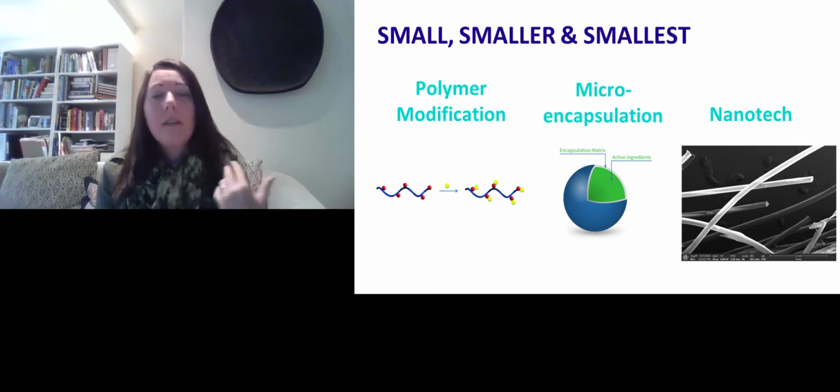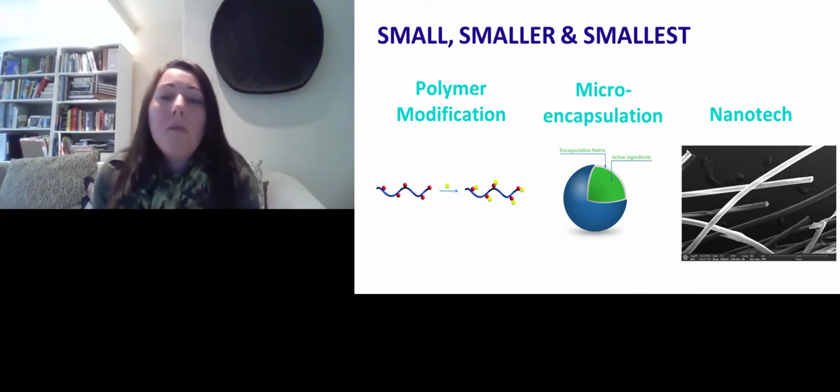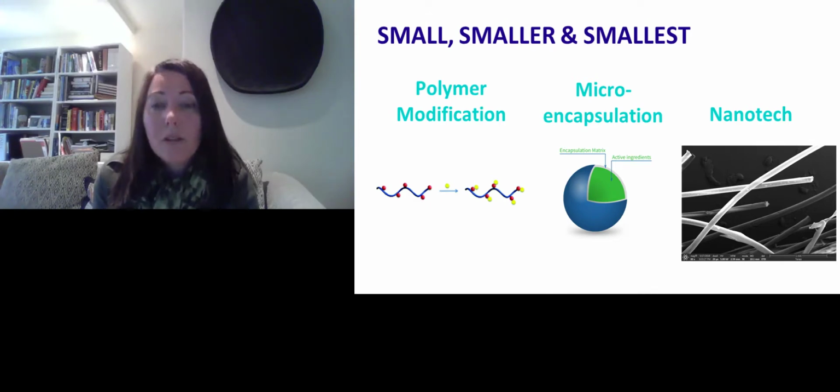There are different forms of how you do that process, but getting it down to the finest form gives a higher surface area for the particles that make up the function and performance that you want to achieve in the fiber.